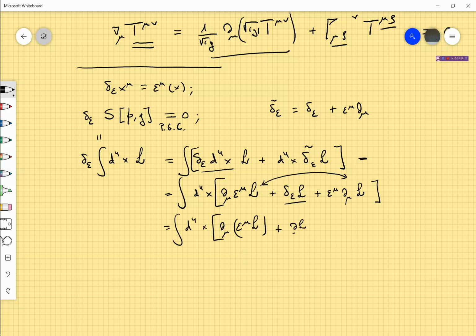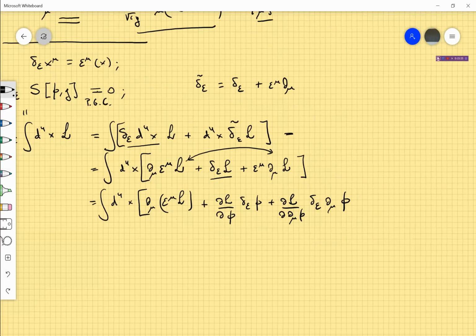So first is the variation, the partial derivative of L with respect to phi, delta epsilon phi, plus the partial derivative with respect to partial mu phi times delta epsilon of partial mu phi. And sorry, there is of course dependence on the metric, so I need to add this term.